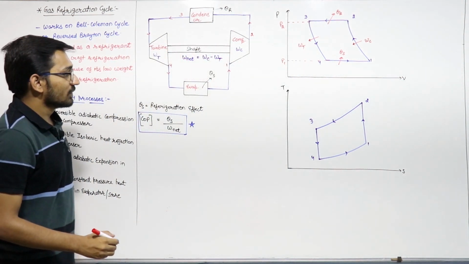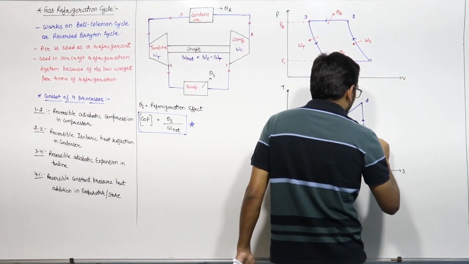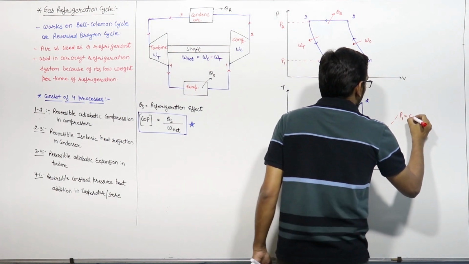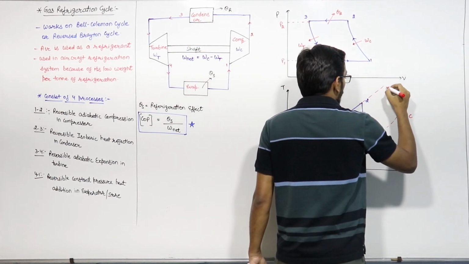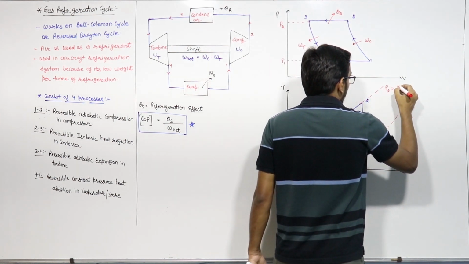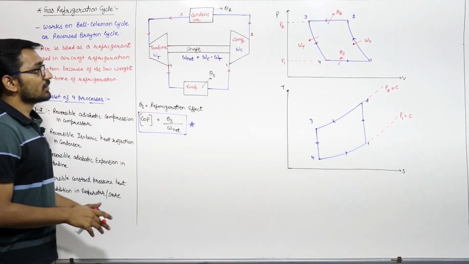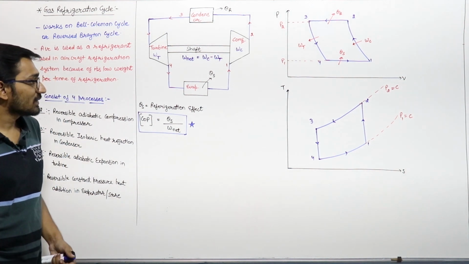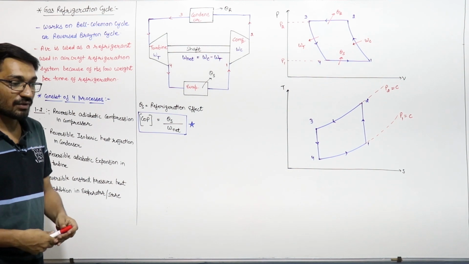This line is the line of constant pressure P1, and this line is the line of constant pressure P2. So this is the pressure volume and temperature entropy diagram. Hope you understand. Now we will write some of the relations for the heat transfer and work produced.